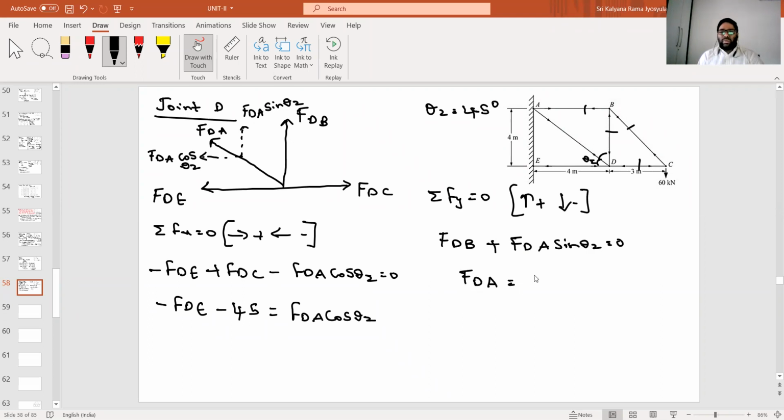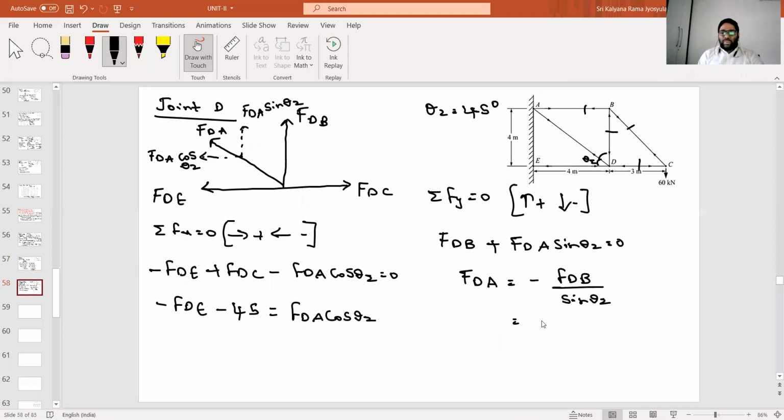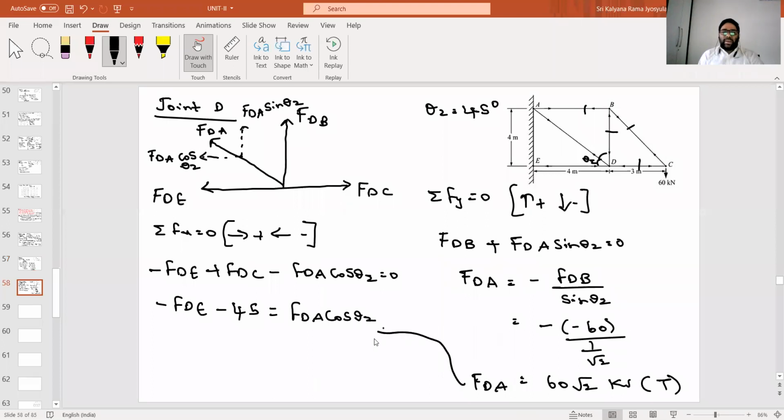So therefore, FDA is equal to minus FDB by sin theta 2. What is FDB? 60 kilonewton compression. So minus 60 by 1 by root 2, that is equal to 60 root 2 kilonewton tensile. So this is FDA.